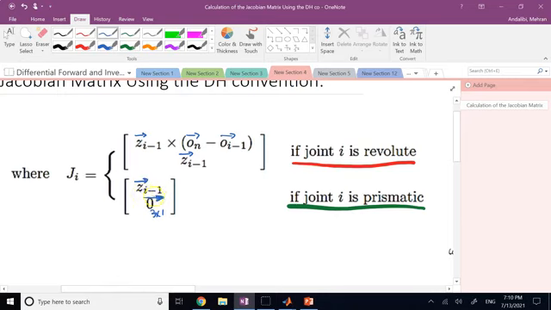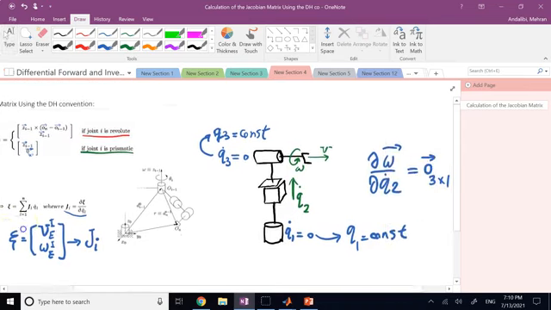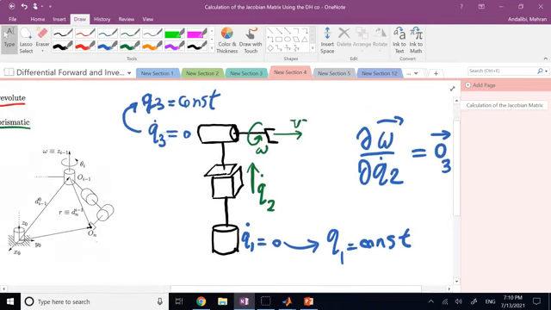Now, what about the linear velocity of the end effector? What's the contribution of Q2 dot on V? Is that going to affect V? Of course. If I lock everything else, when this joint goes up and down, the end effector also goes up and down with the same value as Q2 dot, correct?